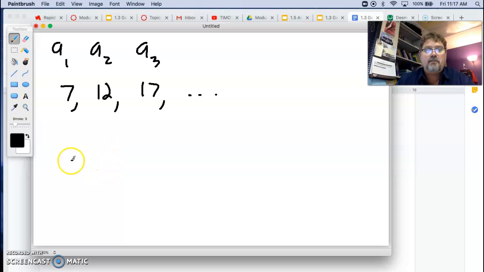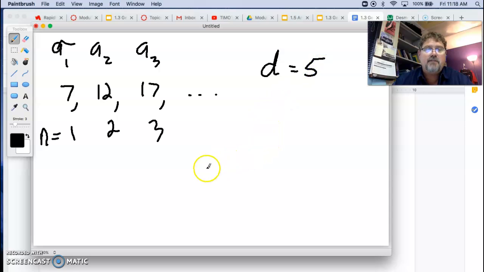And that's what this notation is like. It's just a way of keeping track of the terms. And they use subscripts to refer to them. This is your n equals 1, 2, 3, and so on. And since it doesn't make any difference, the notation d is the same. This will be arithmetic, d is 5, and so on. Okay? I hope this is helpful.